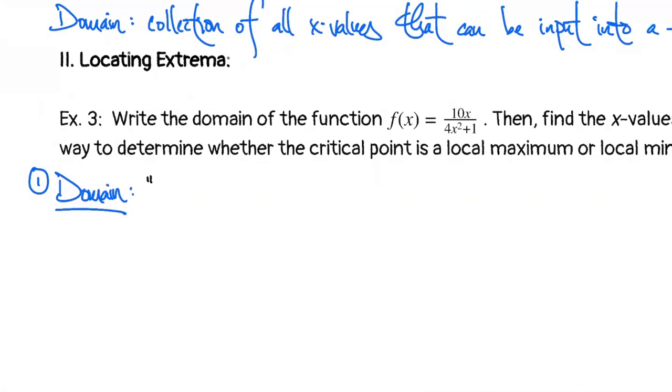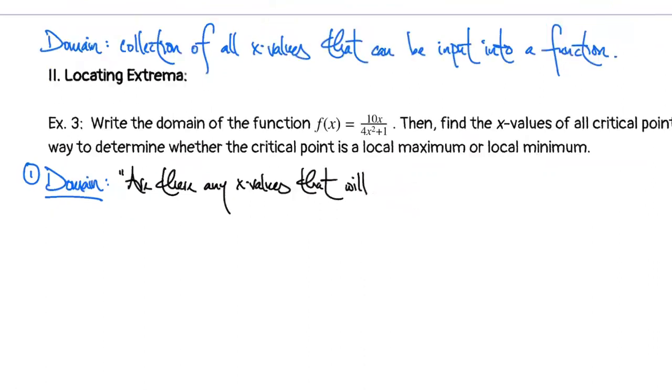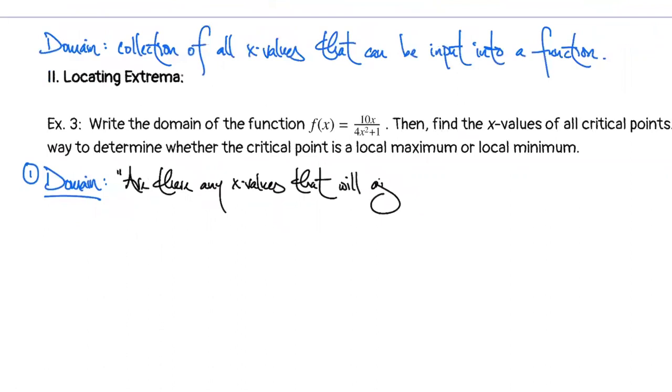So the question we want to ask ourselves is, are there any x values that will give us an undefined output?